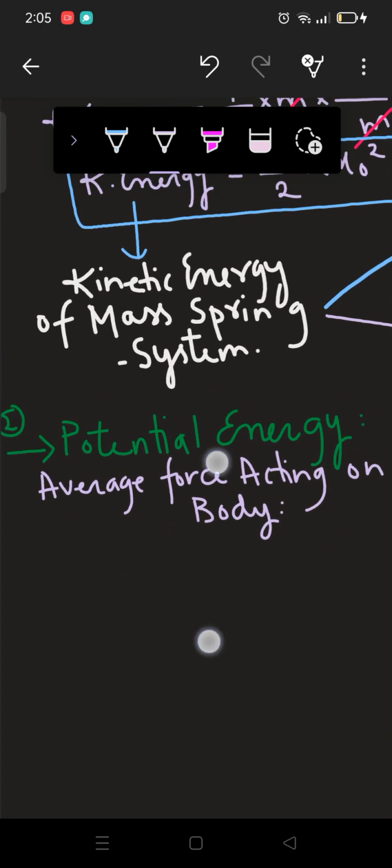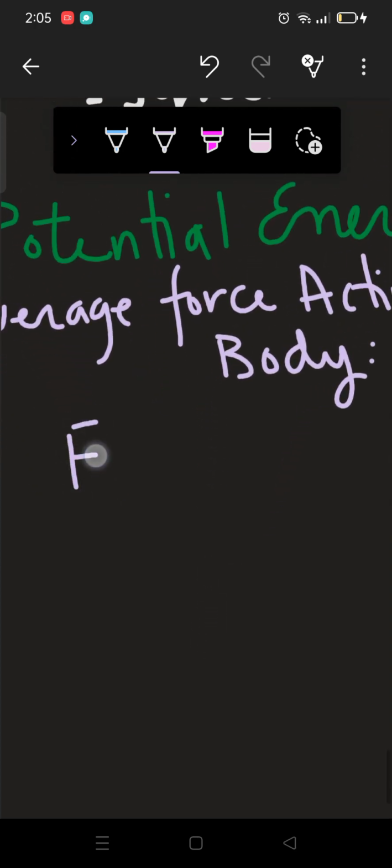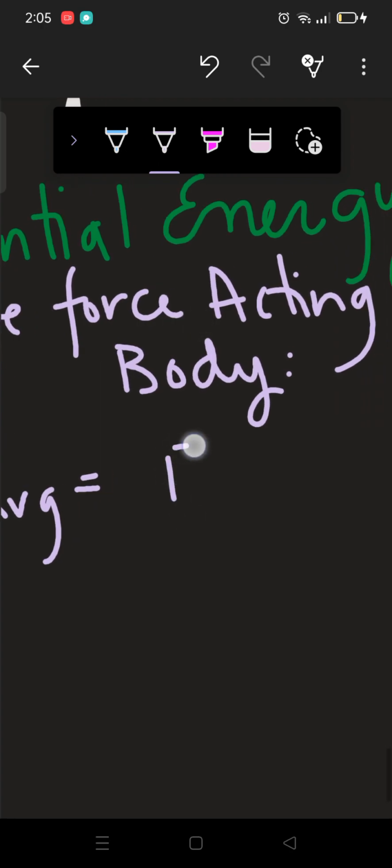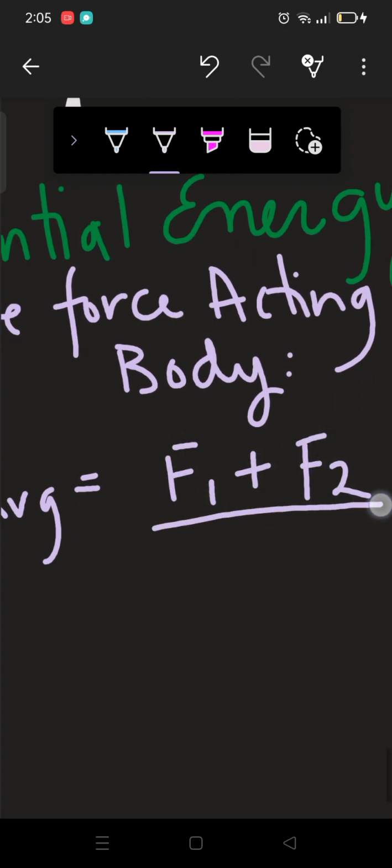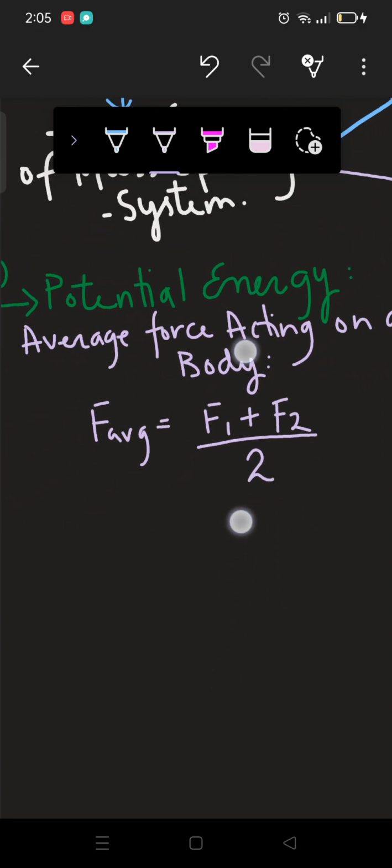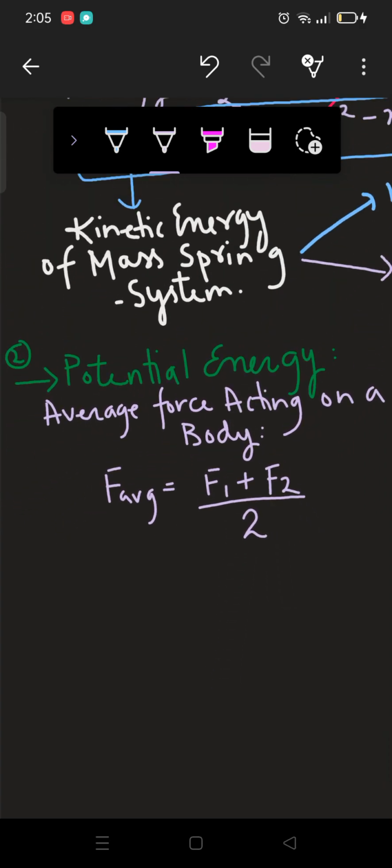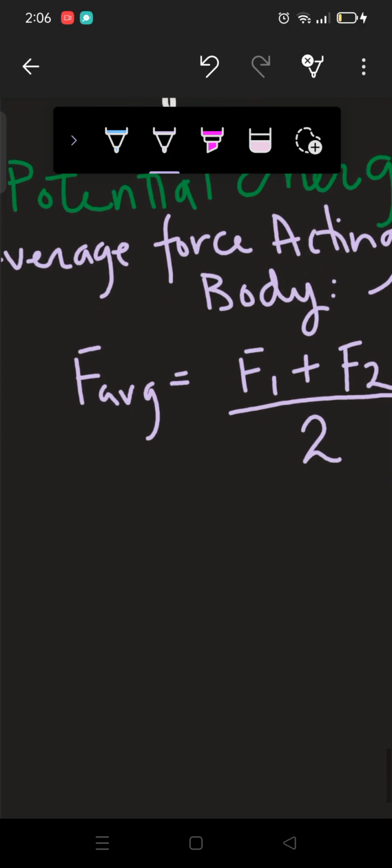What is the average force acting on a body? F average is equal to F1 plus F2 over 2. We need to add those two quantities together and divide that by the total number. So here we have two forces, that's why we have to divide by 2, right? Now see, the initial force is 0.